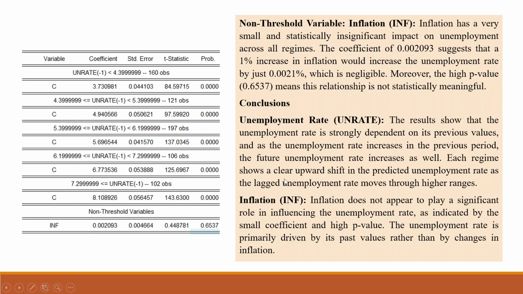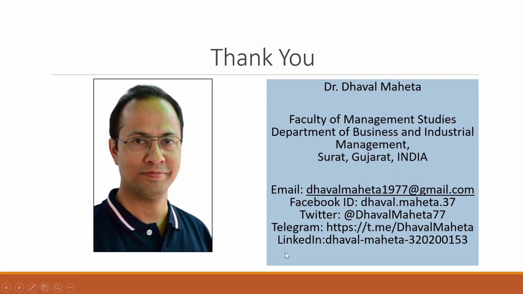Each regime shows a clear upward shift in the predicted unemployment rate as the lagged unemployment rate moves through the higher ranges. Inflation does not appear to play a significant role in influencing the unemployment rate, as indicated by the small coefficient and high p-value. The unemployment rate is primarily driven by its past values rather than by changes in inflation.